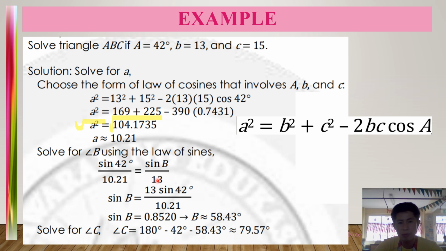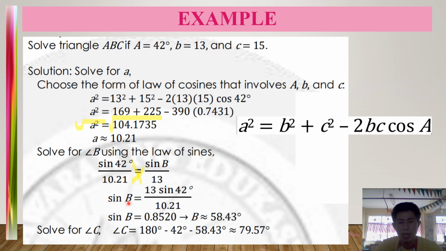Then, yung B, small letter B is 13, kaya siya naging sine B over 13. Okay, this time, gagamit tayo ng cross multiplication. Okay, so that is sine B times 10.21, that is equal to 10.21 sine B. Ito naman, magiging siyang 13 sine 42.